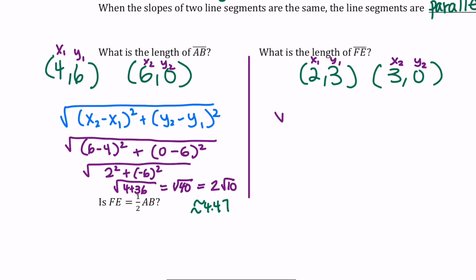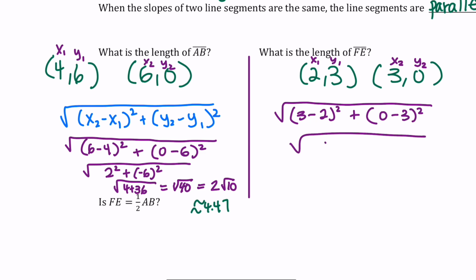So let's go ahead and do that square root. X2 is 3 minus x1, which is 2, squared, plus y2 minus y1, which is 0 minus 3, squared. The square root of 1 squared plus negative 3 squared. 1 squared is 1, negative 3 squared is 9.